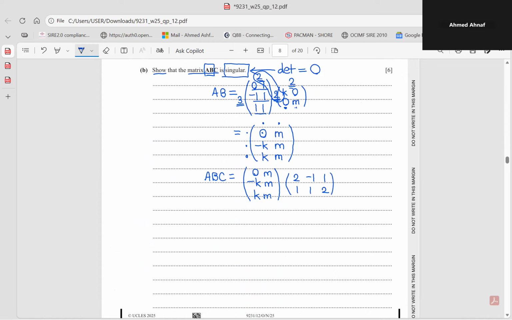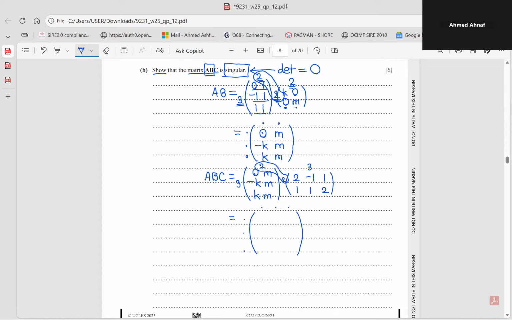So let's first figure out what dimensions our matrix ABC has. So how many rows and how many columns. So matrix AB, it's a 3 by 2. And matrix C, it's a 2 by 3. So yeah, these two numbers match. So this is just going to be a square matrix of 3 by 3. So 3 rows and 3 columns.